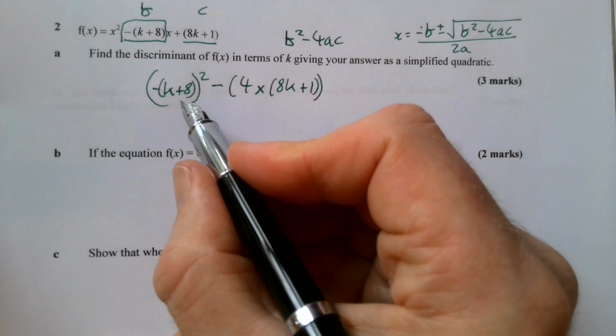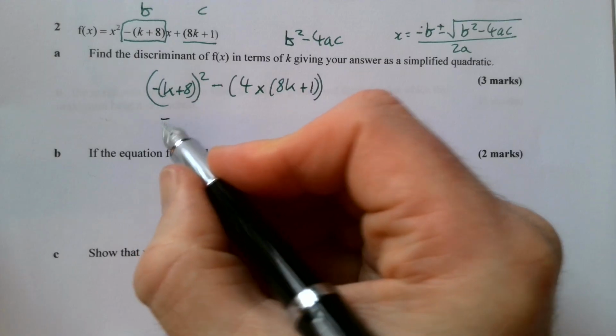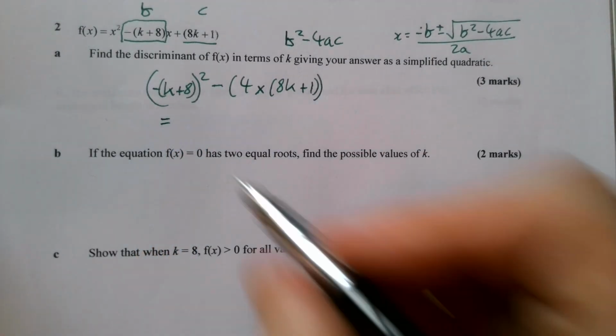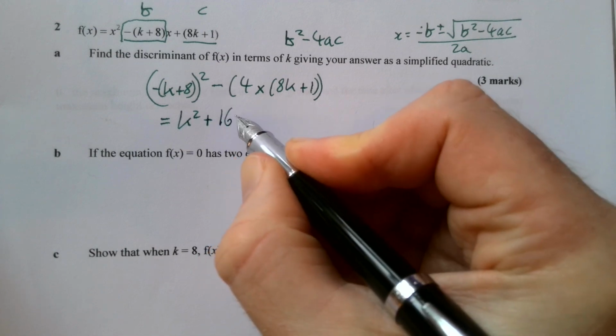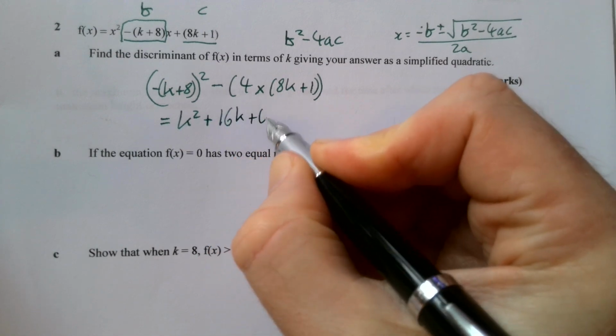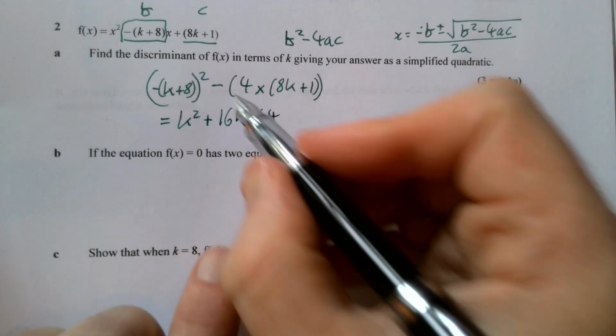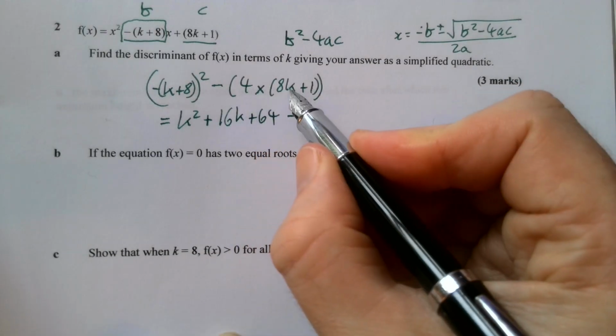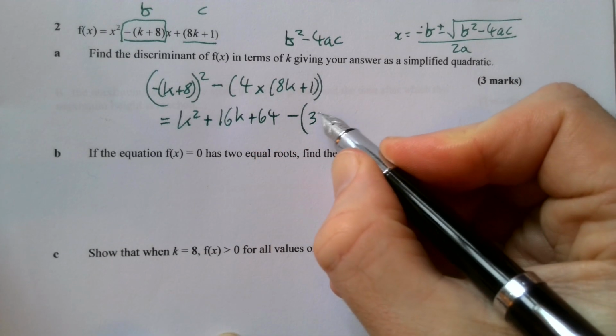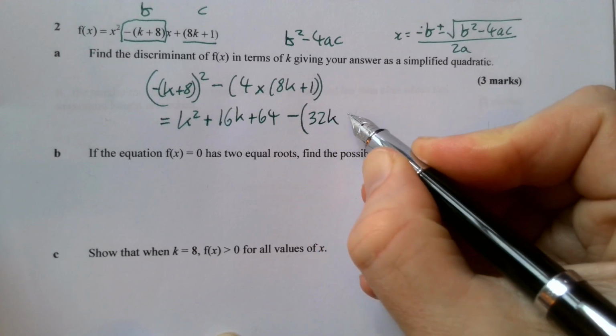So if you expand k plus 8 squared, that gives you k squared plus 16k plus 64, and then you're going to be taking away, and I'd leave this all in a bracket for now, 4 times 8 is 32k, and 4 times 1 is 4.